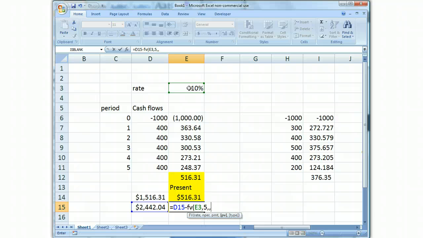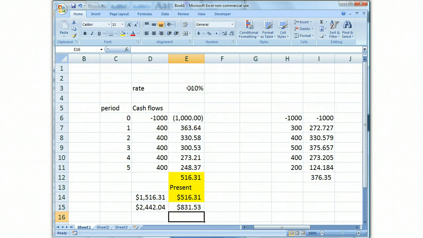That's why it has brackets, and that would be used for the negative 1000. So it's negative 1000. So the future value is 831.